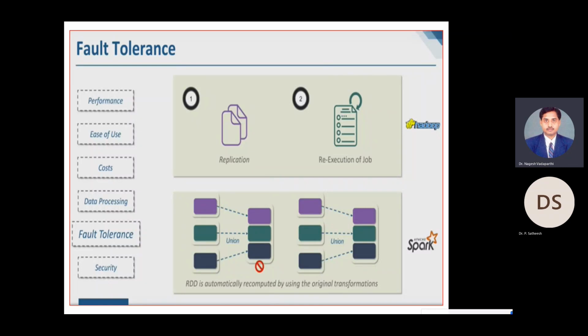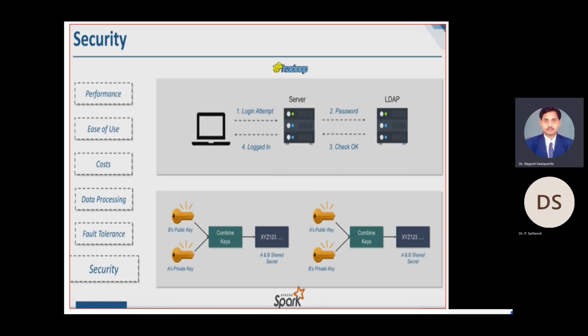So fault tolerance works effectively in both cases, but more in Spark because it is automatically recomputed using the original transformations. Next one is security.